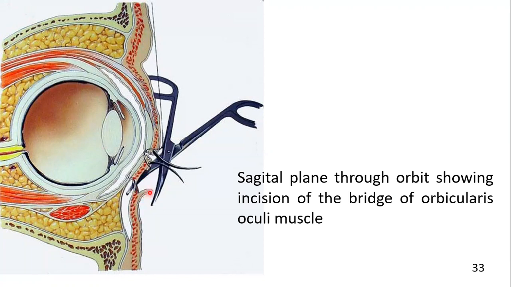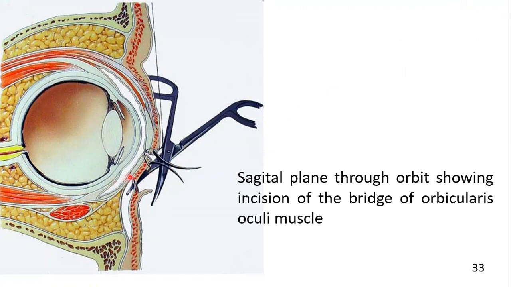Now this will be a skin and muscle flap, because this was the only skin flap. When you cut it, this whole thing will become a skin and muscle flap, and it can be retracted very easily. So the remaining orbicularis oculi muscle is then separated at the level just below the lower border of the tarsus.